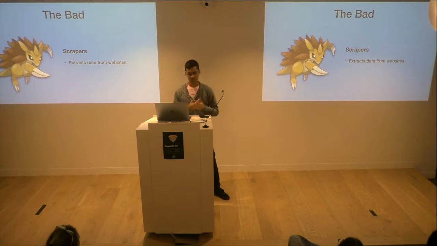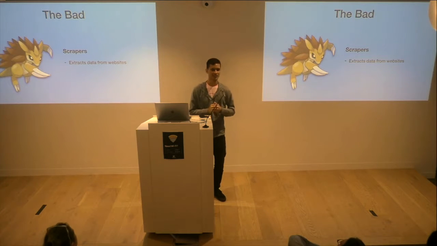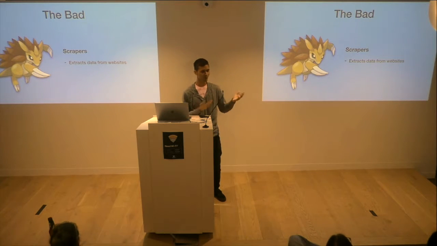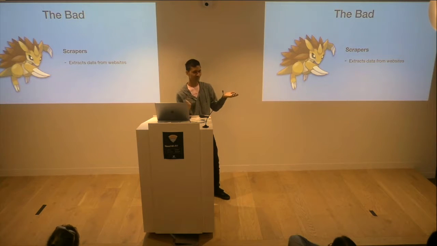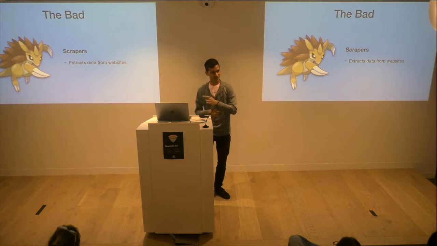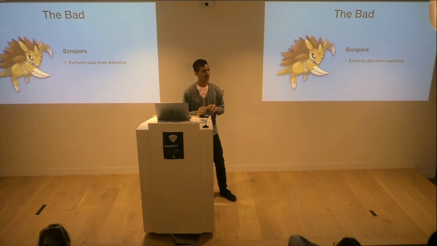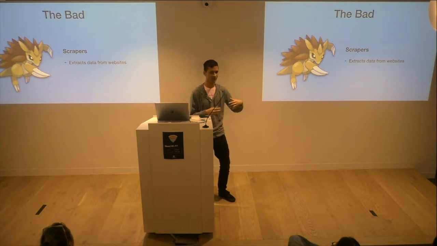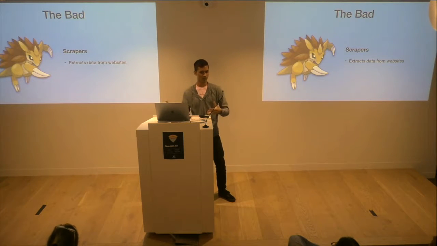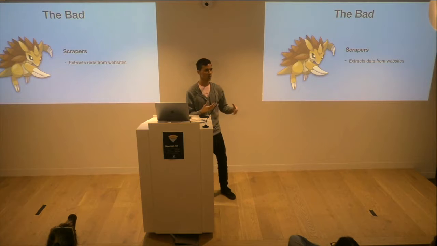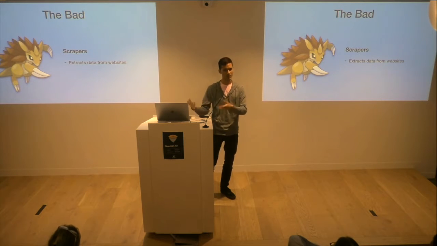Scrapers are another type of bad malicious bot. What they do is extract data from websites. So how is this different from crawlers? Because we saw before, crawlers are a good type of bot. Aren't scrapers just the same thing? Not quite. Crawlers go through the web, visit web pages, and gather information about the website, whereas scrapers visit web pages to request information offered by the website.